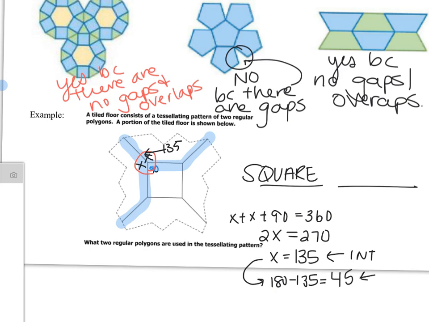This is my exterior angle, because an interior angle and an exterior angle make a linear pair. Now that I have my exterior angle, I can just do 360 divided by 45, because all exterior angles add up to equal 360. So 360 divided by 45 is 8. So 8 sides. My last polygon is an octagon.